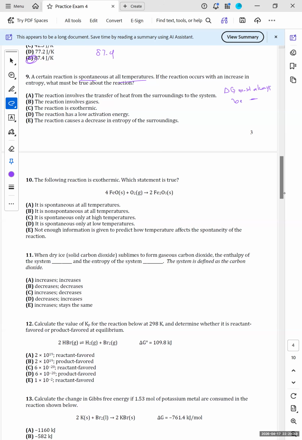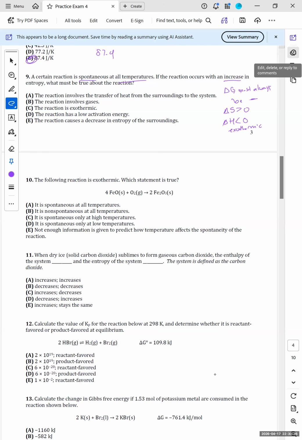If we have an increase in our entropy, our delta S has to be greater than 0. We also need to make sure that our delta H is less than 0 if it's going to be spontaneous at all temperatures, which means it's exothermic.